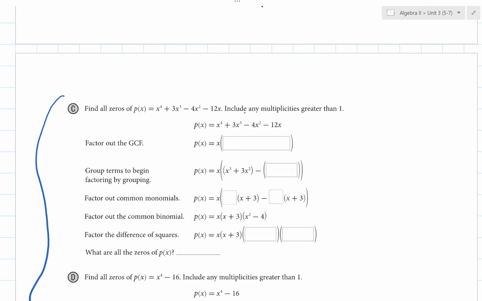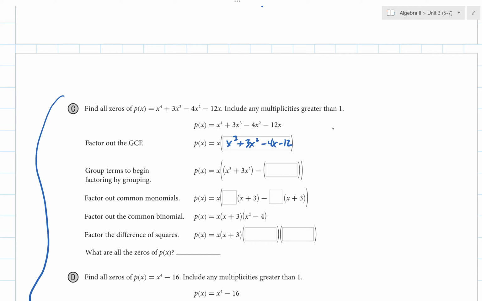The next example, C. The first thing we can do is factor out an x, and that leaves us with x cubed plus 3x squared minus 4x minus 12. Okay? And when we have four terms, what's one of the methods that we've learned for factoring? Grouping.